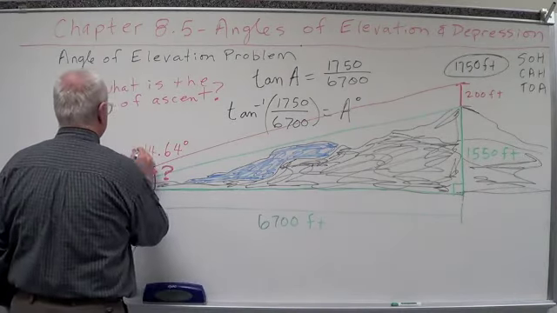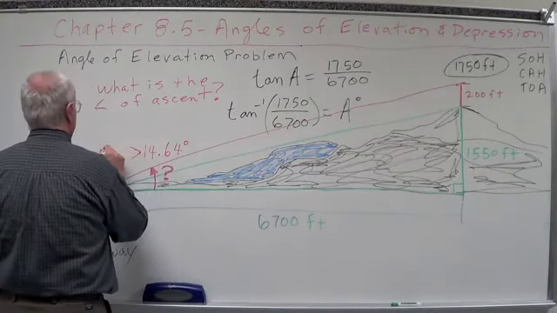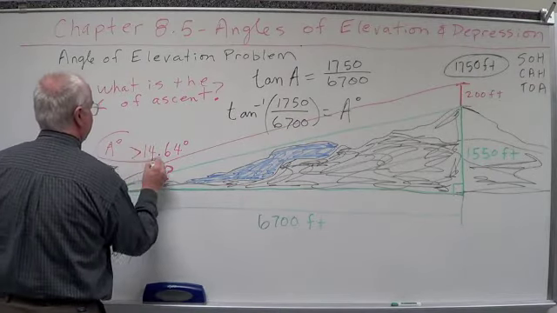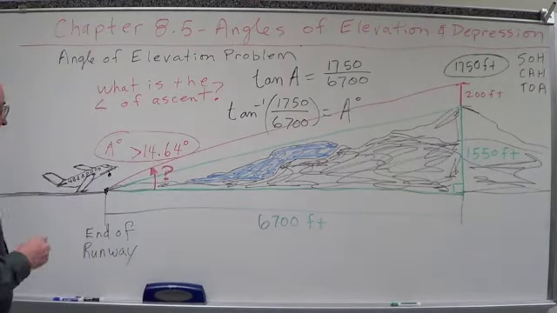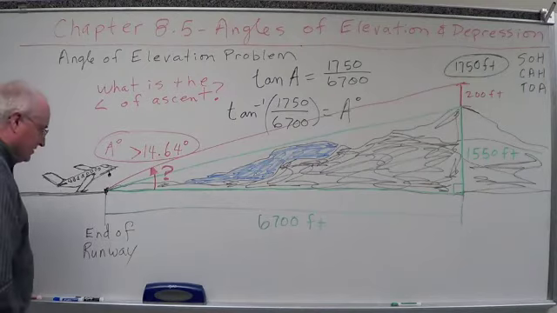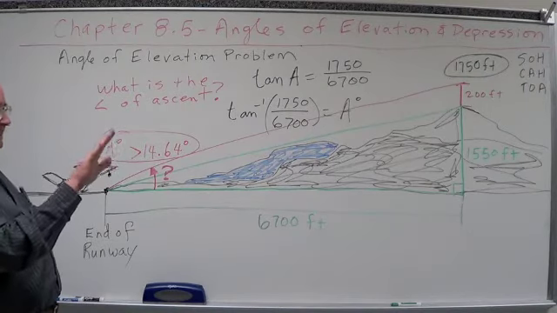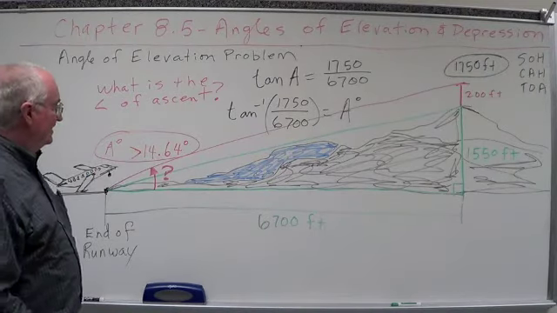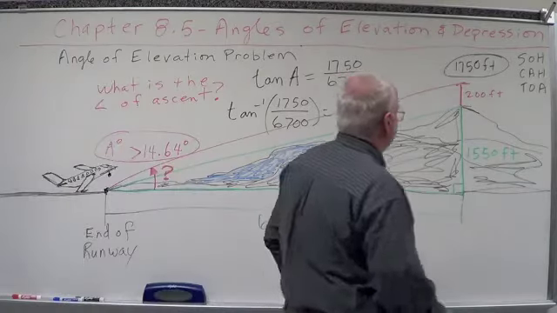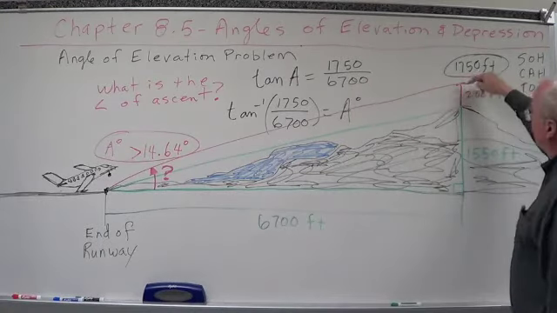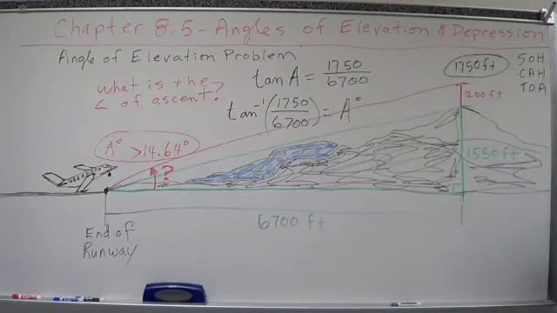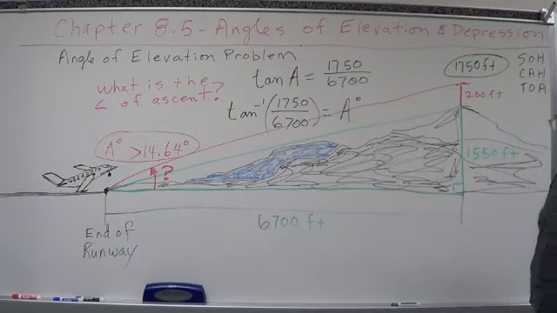It's got to be bigger than that. Angle A has to be bigger than that. So as soon as he takes off, boom, he has got to have that thing at about 15 degrees, 14.7, 15 degrees, in order to make this safe. Angle of elevation problem. That's what an angle of elevation problem looks like.